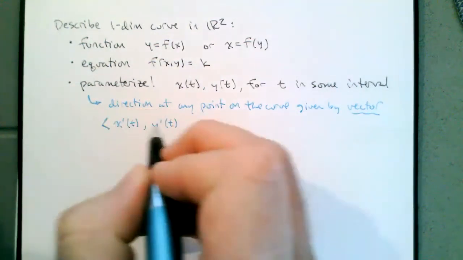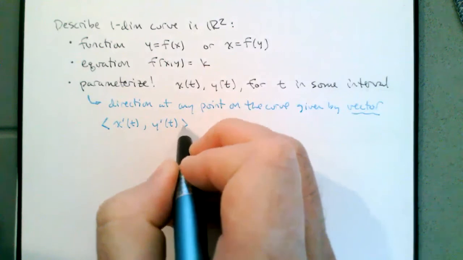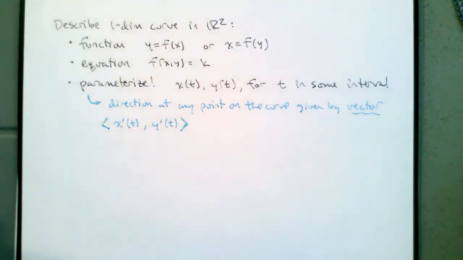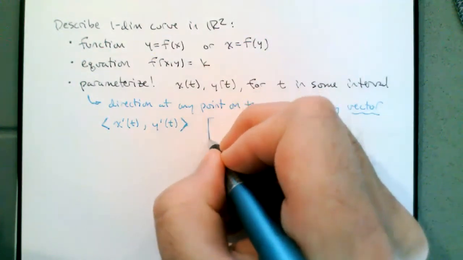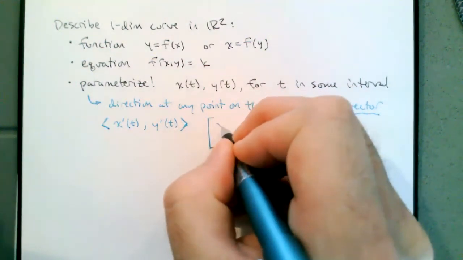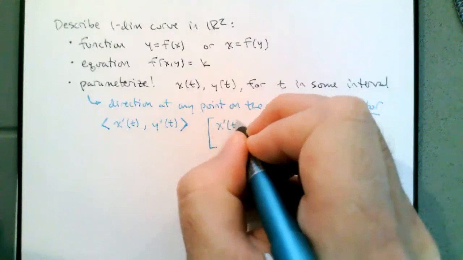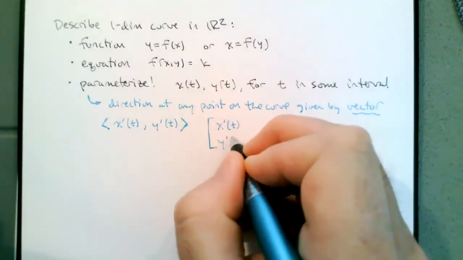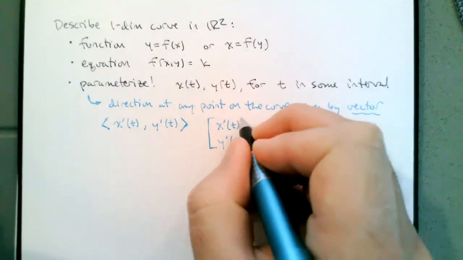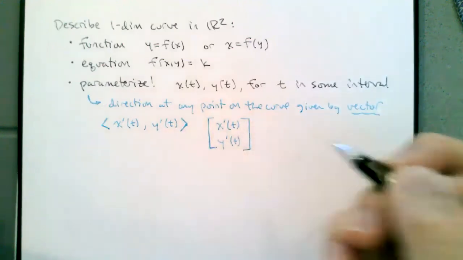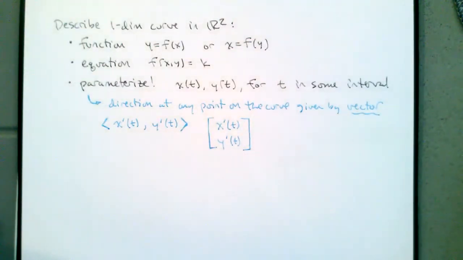Now, there are a lot of different ways that we could write vectors to distinguish them from intervals and points. Sometimes we write them horizontally with these pointy brackets. To do the classical linear algebra style, I would write them vertically. Another common way would be to use unit vectors.